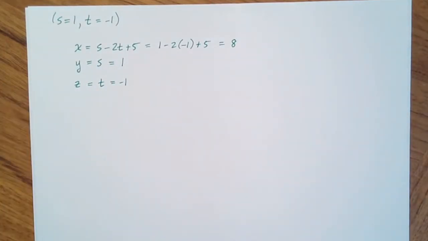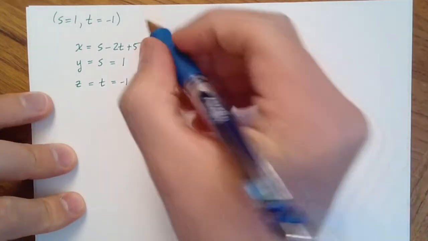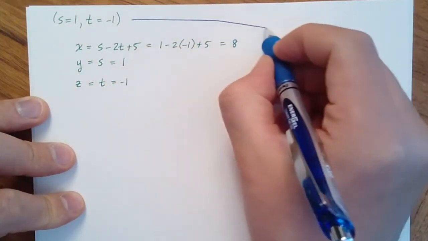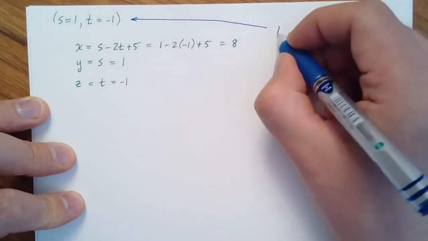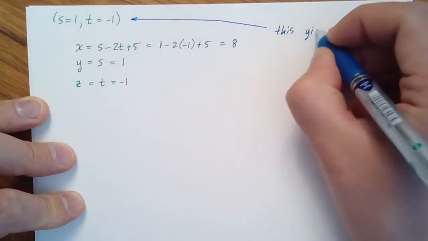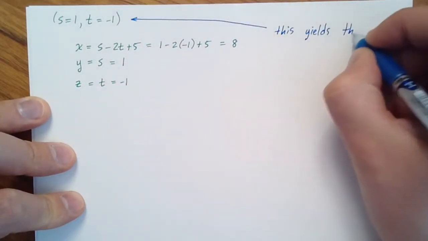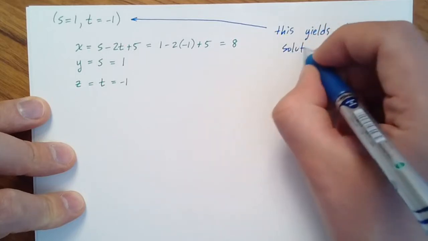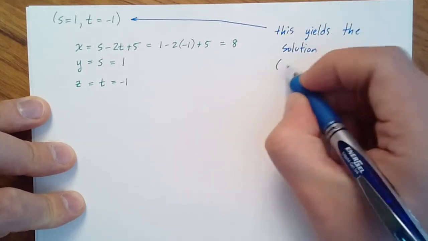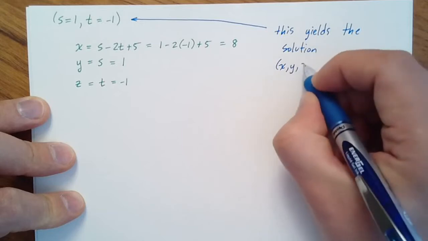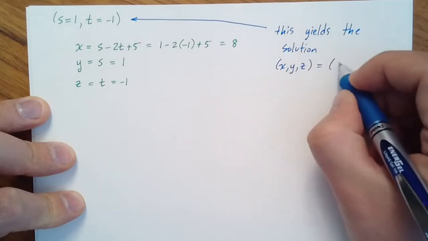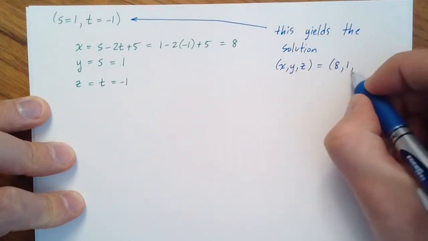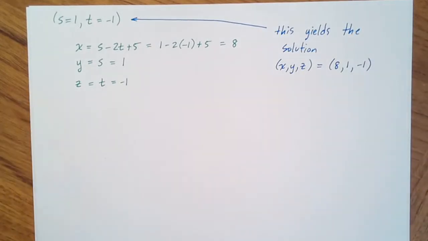So that gives you your values. So now this choice of parameters, s equals 1 and t equals -1, yields a different solution. This yields the solution given in point form by x, y, z is equal to 8, 1, and -1. So that's a different solution.